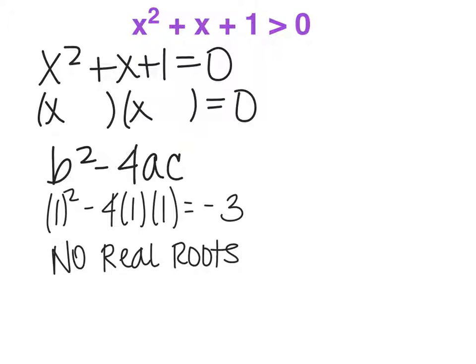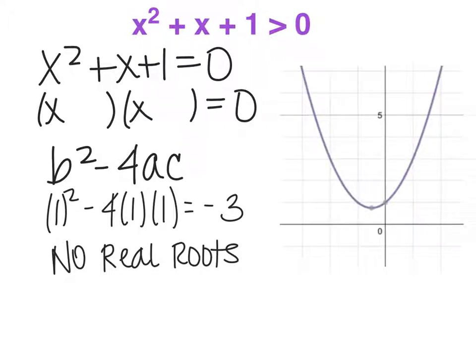So if I graph the function, I notice that there is a minimum point and there are some roots, but it actually will not cross the x-axis. So the inequality here is asking for what values of x will this entire inequality be greater than 0.